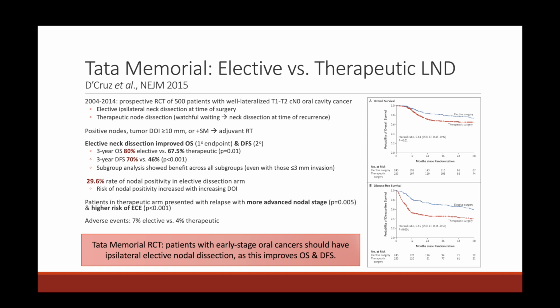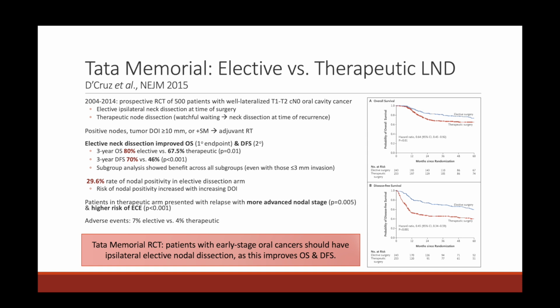The first study we'll talk about came from Tata Memorial Hospital in India, and it randomized patients with T1 to T2 clinically node-negative oral cavity cancers to either elective ipsilateral neck dissection at the time of surgery or therapeutic node dissection. That means there was watchful waiting: these patients just underwent resection of the primary, and if they had a recurrence, that is when they went on to get a neck dissection.